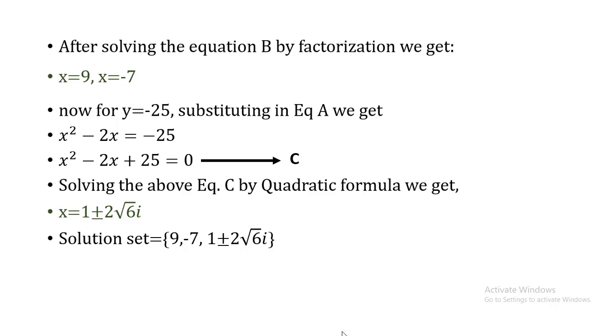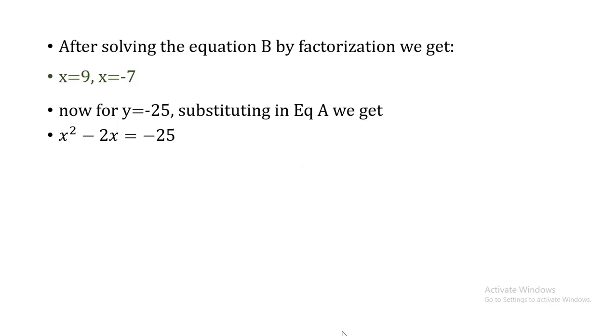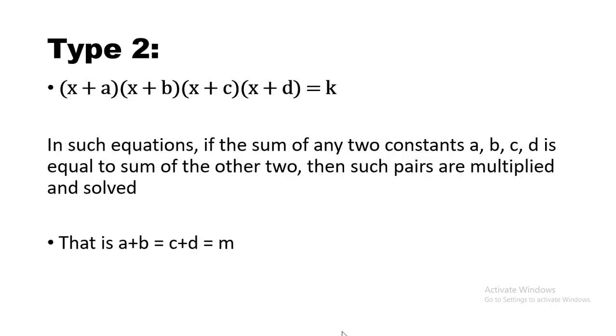Now we can have a quick revision, or we can go back and see what exactly the equations were. These were the type 2 equations. As you can see, we will have an equation of this form. First we will make pairs of equations, and the pairs will be decided by these constant terms a, b, c, d.